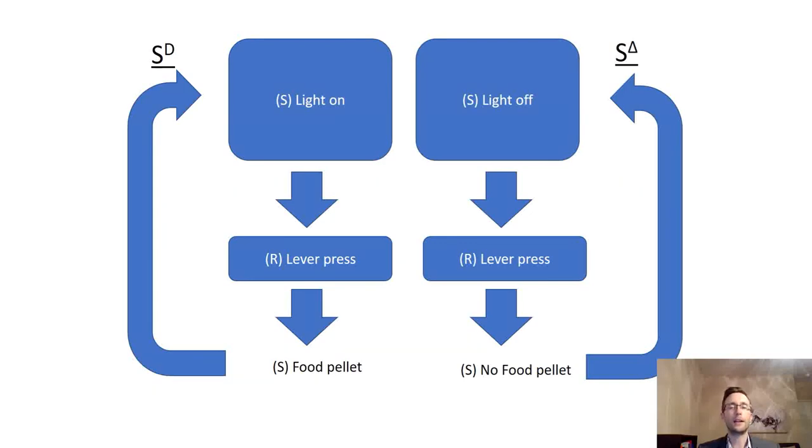Now the light on and light off have new functions. The light off is an S delta, it abates lever pressing. Light on is an SD, it evokes lever pressing. And they have those effects due to their history of differential reinforcement and their correlation with the availability or unavailability of food for lever pressing.